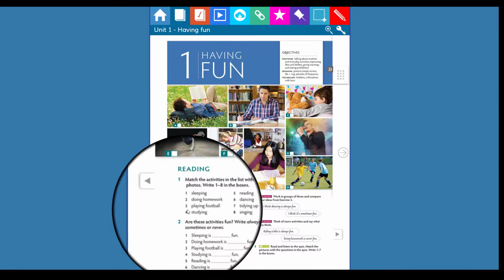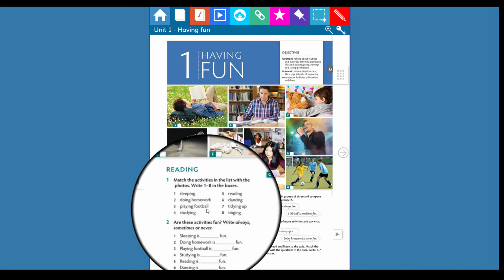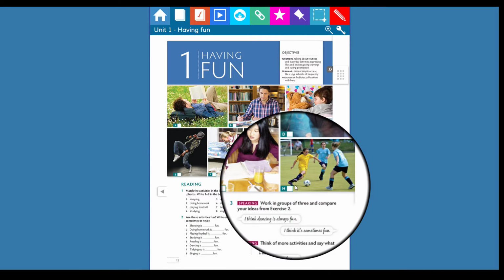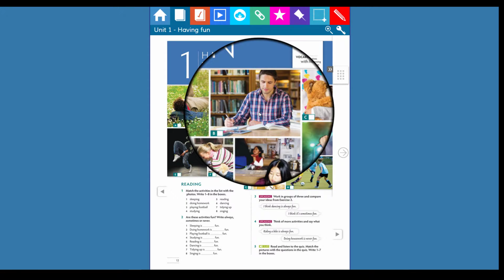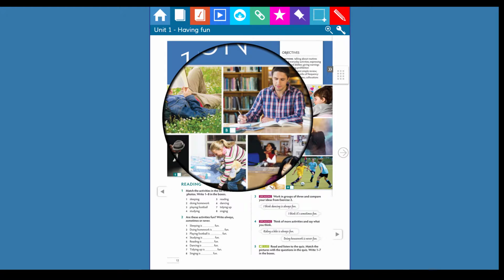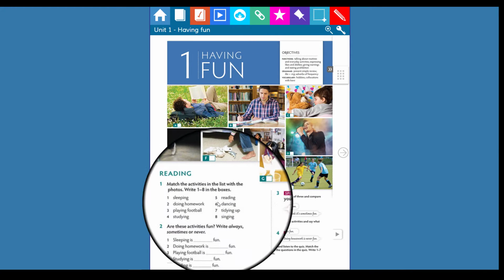Number 3, playing football. What do you think? Letter H. Correct. Number 4, studying. What do you think? Letter B. Yes, correct. Number 5, reading.